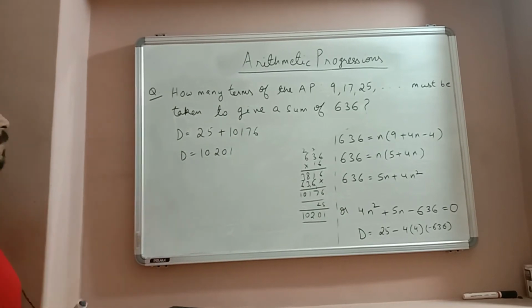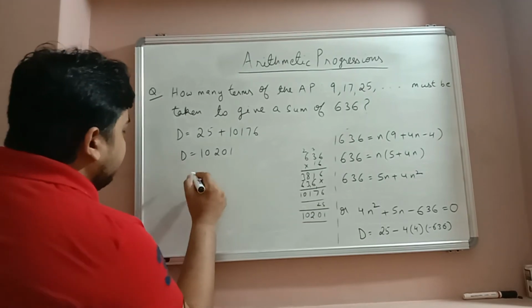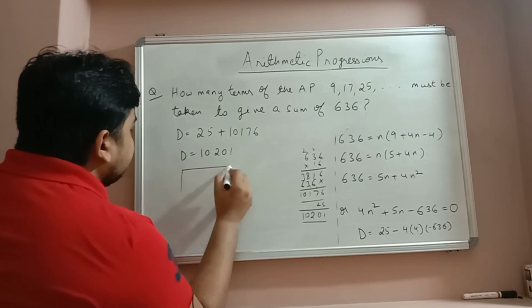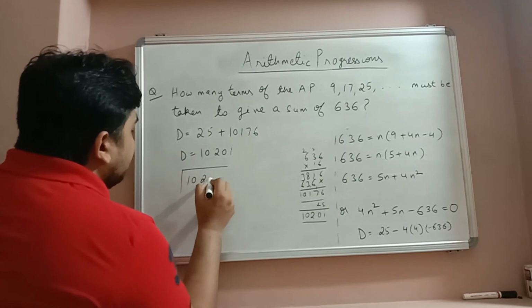Alright, we have got the value of D as 10201. Let's find out the square root of this number, 10201.